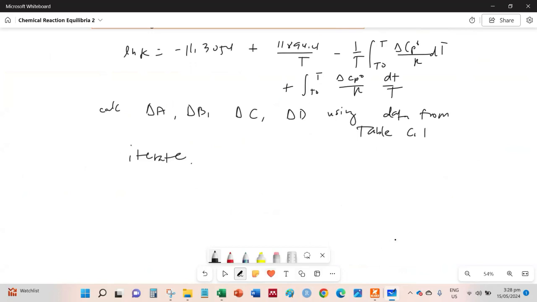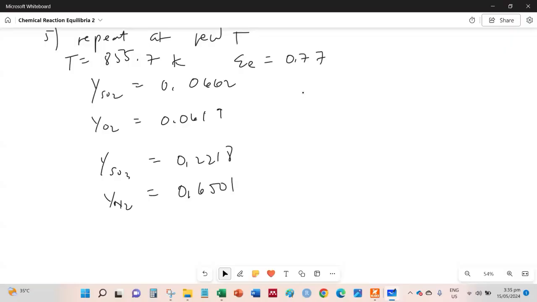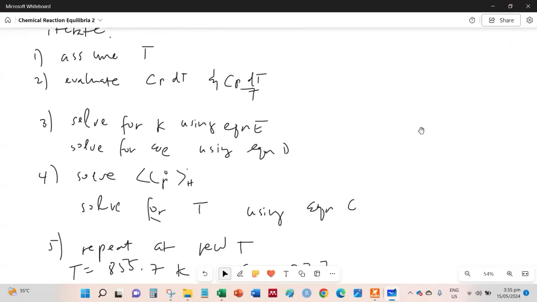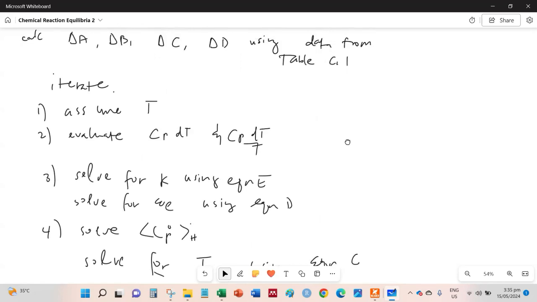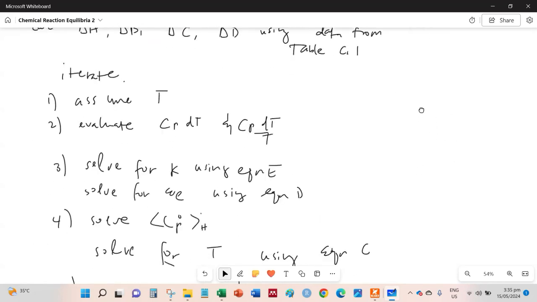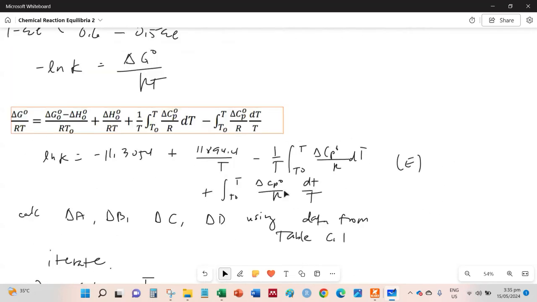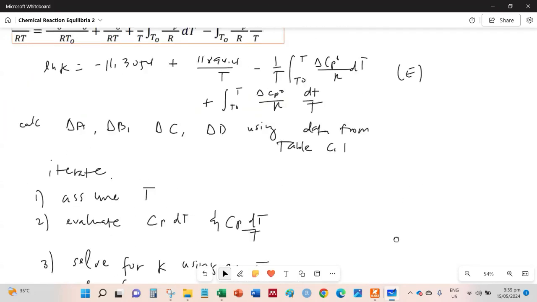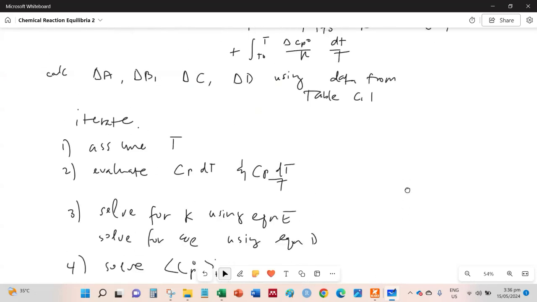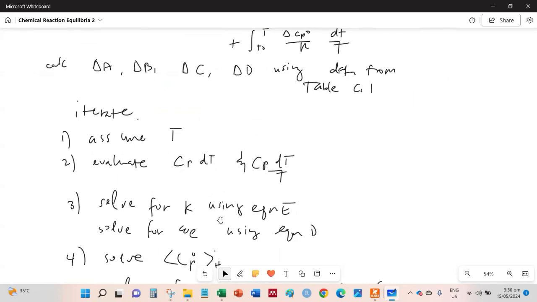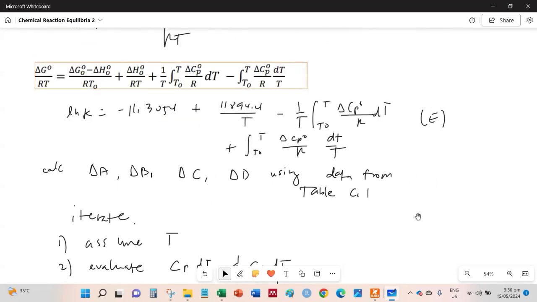I will write it. Okay. So I wrote the steps in the iteration and I put a label. So assume a T, evaluate CPDT and CPDT over T. So I'm referring to these two values right here. And then solve for K using equation E. I labeled it. So equation E is this one.